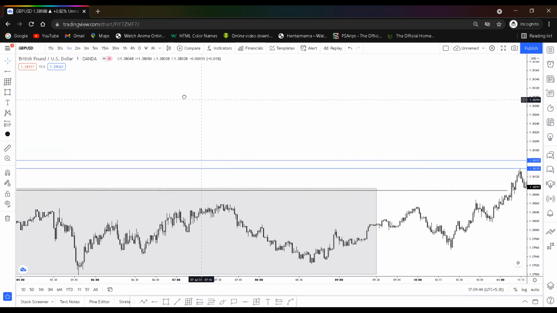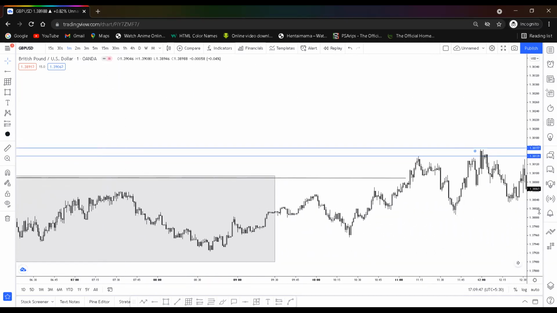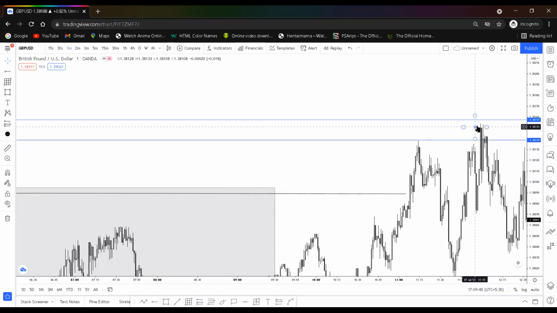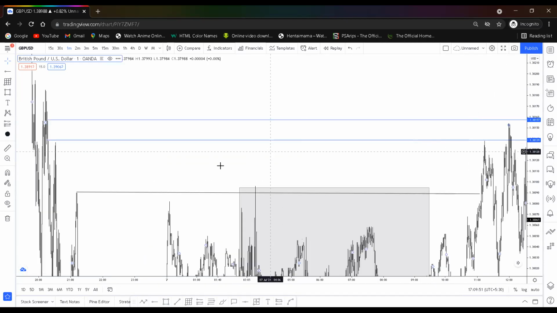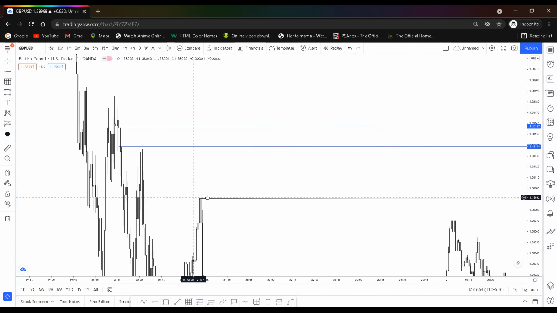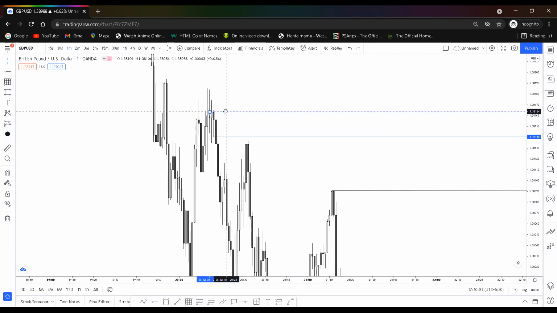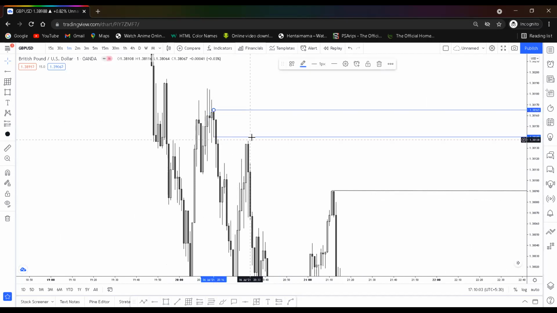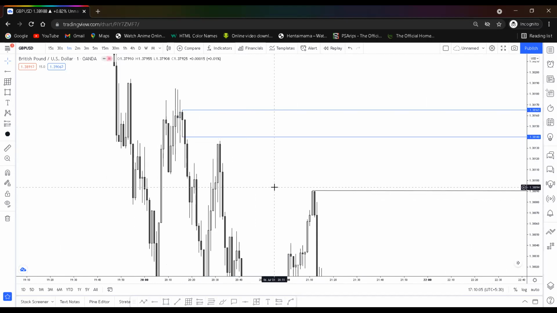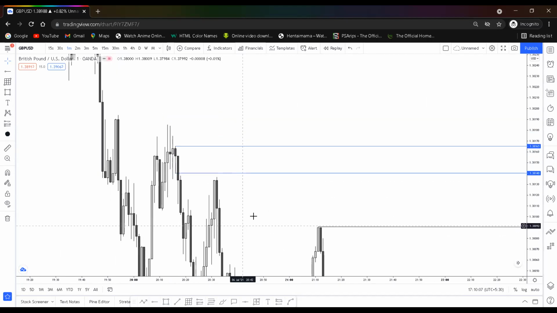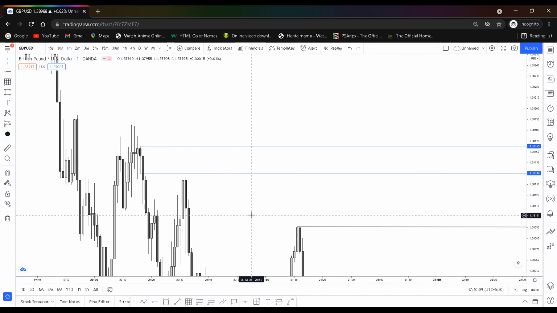Okay, you see that? Now what I do is this. I told you this is the inducement now. This is the trap. Where would you put the stop loss? On this, for sure.